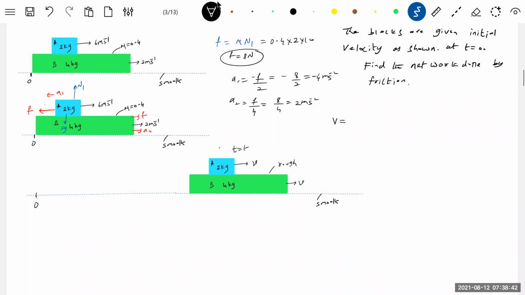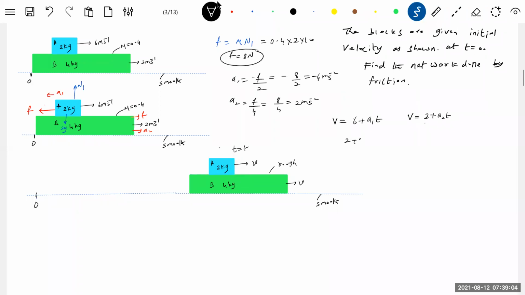Looking at the upper block, V equal to 6 plus a1 t. Then for the lower block, V equal to 2 plus a2 t. At one instant of time, both will have a common velocity. Now let me equate this.